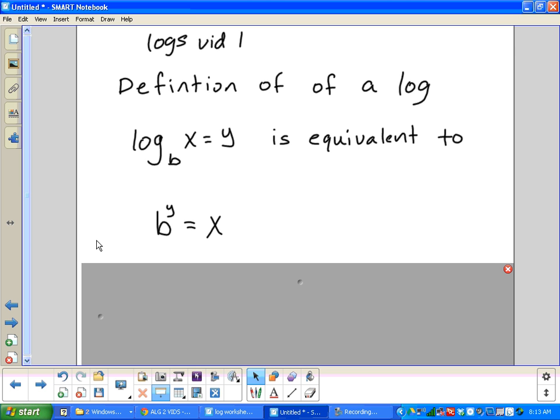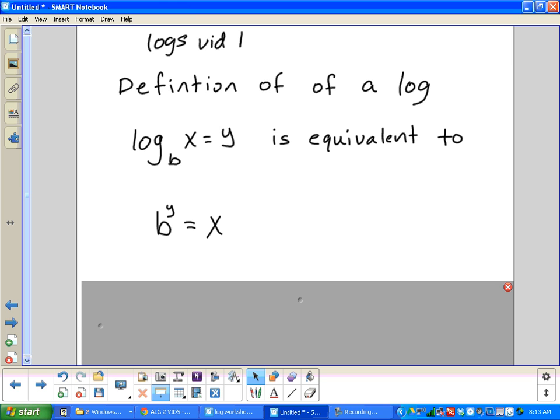Now, the way I switch this and apply this definition, and you might have noticed the pattern, is I take this base. Notice the base appears right here, and I raise it to this power, and it is equal to this number. To dissect this, I can take b, and notice this b is below the logarithm because it's a subscript.